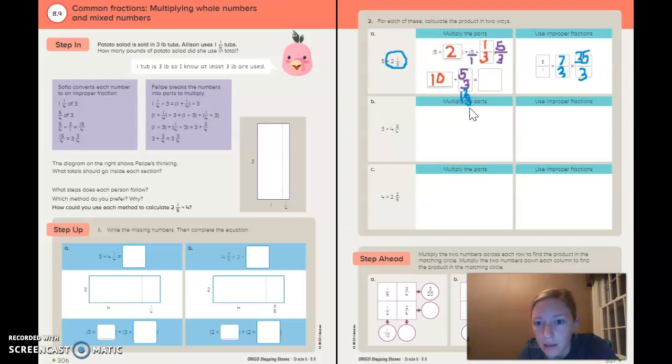Now I can just add 10 plus 1 2/3. Well, I know 10 plus 1 is 11, and then I'll still have the 2/3. So 11 and 2/3 is your answer.